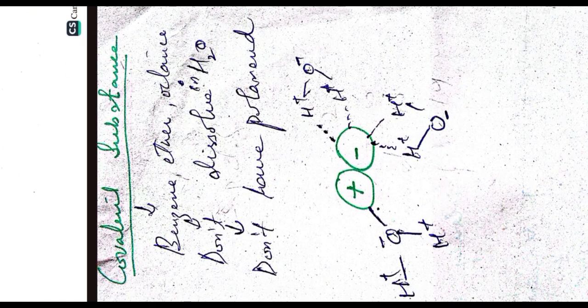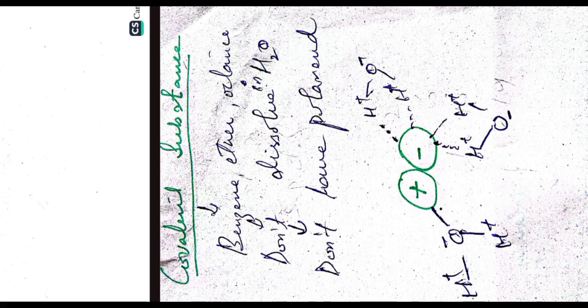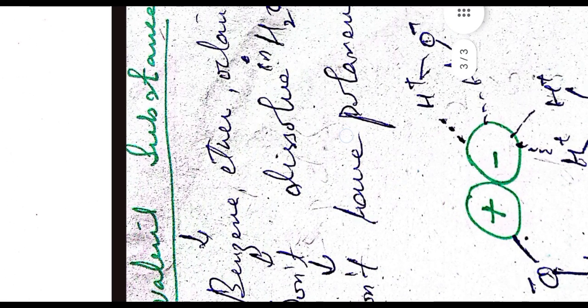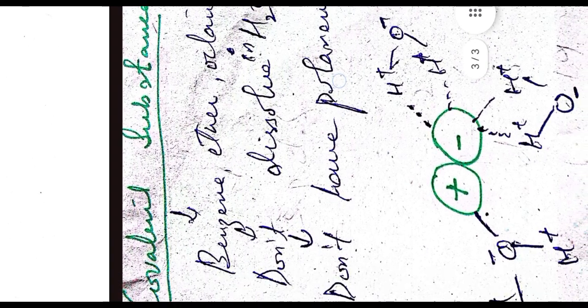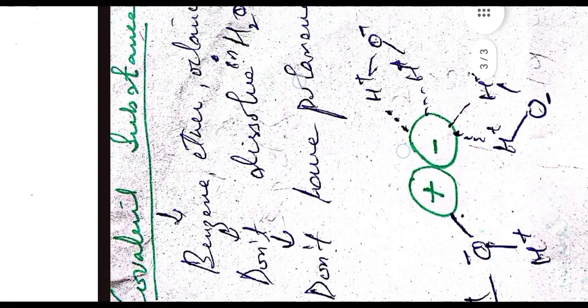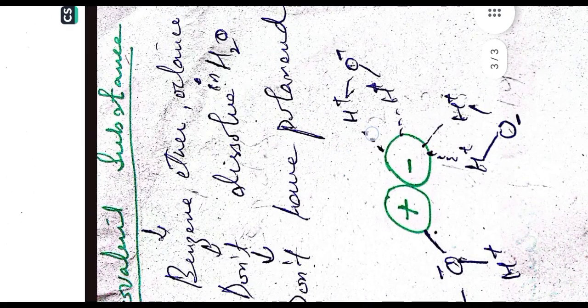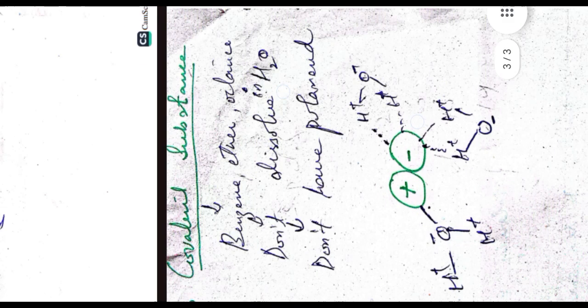Covalent substances, for example benzene, ether, and octane, do not dissolve in water, and the reason is they don't have polar ends. That is why covalent substances are not dissolved in water.